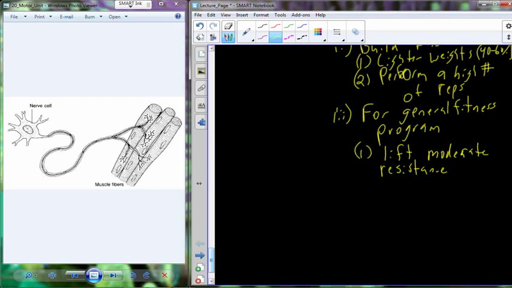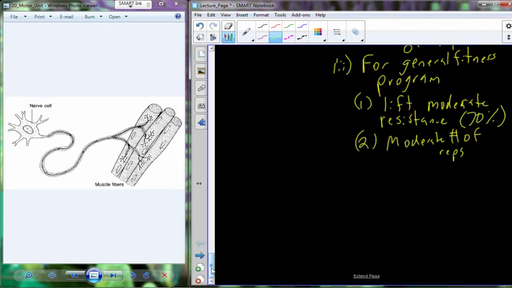So lift moderate weights closer to about 70% of your 1 rep max. And then a moderate number of repetitions. All right, so that's going to be intensity.